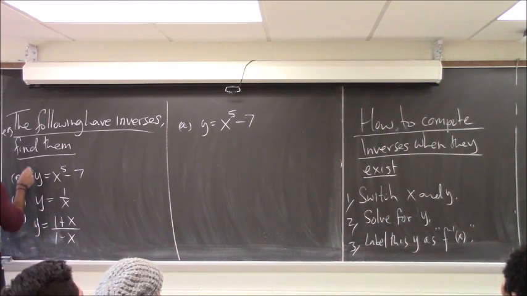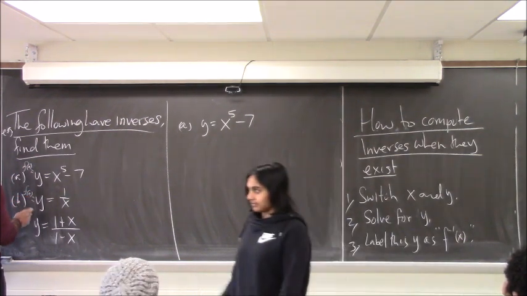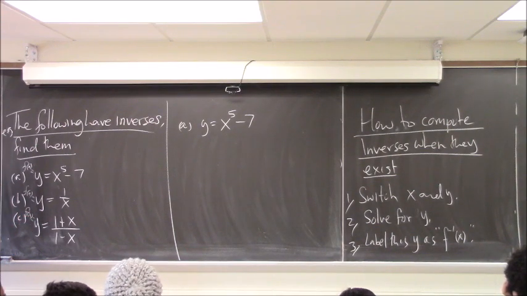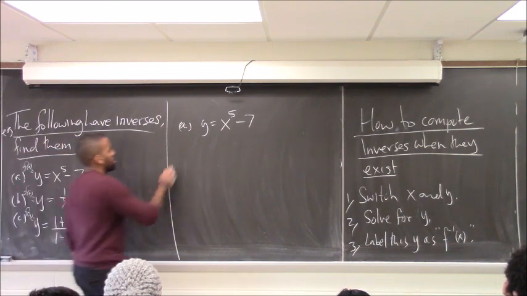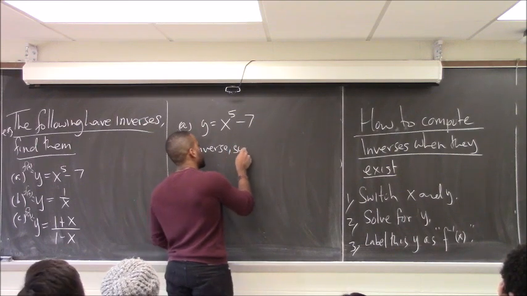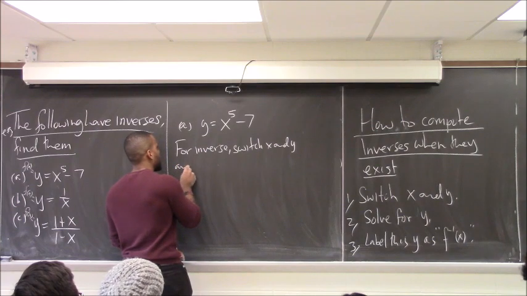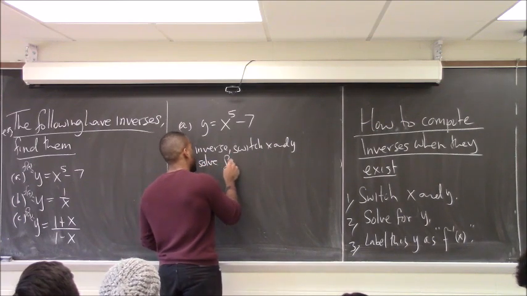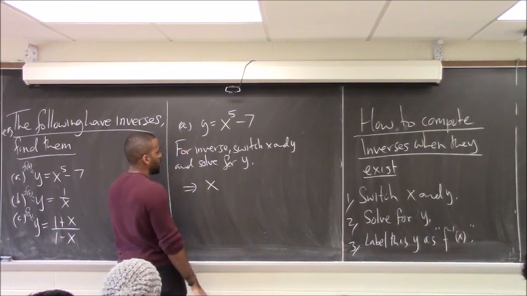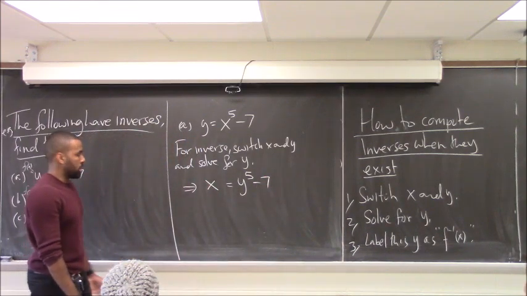Here I can think of x as my y equals f of x. Okay, so you want to find the inverse of this? Here's how to do it. Write y for the inverse, switch x and y. I'm going to put x in the position where y was, and y in the position where x was. And now just solve for y.